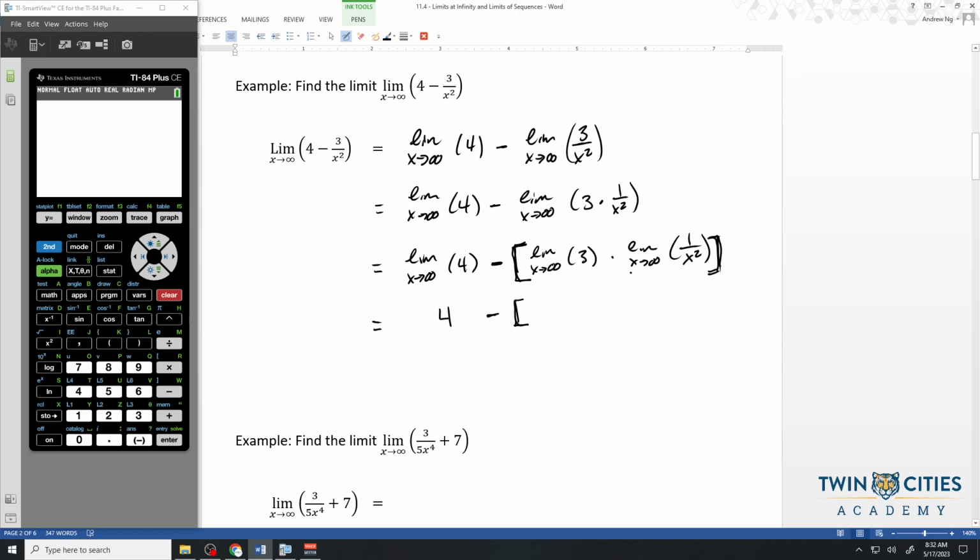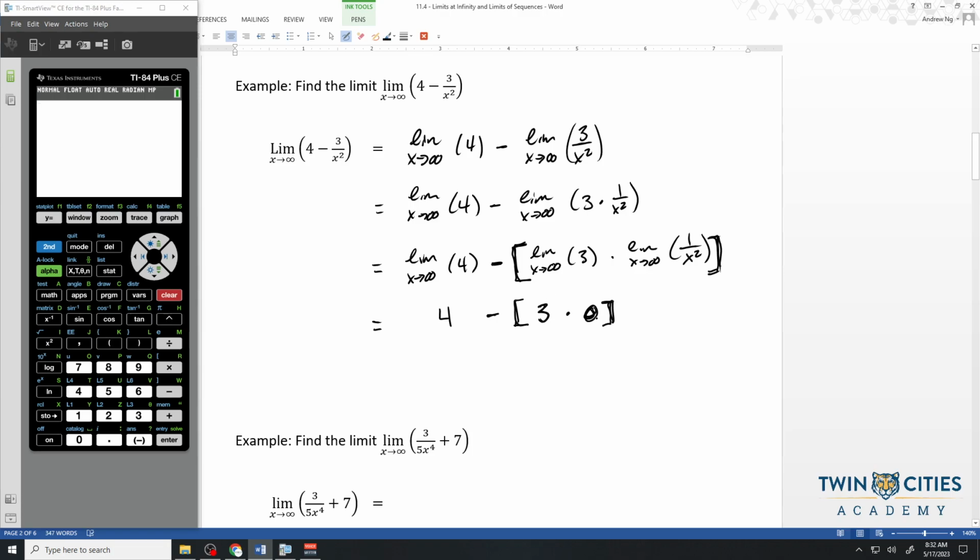There's no x's here to plug in, so I've just got 3 times, and then my rule said if I've got 1 over x to the r, in this case, r is 2, that goes to 0. So this limit is 3, and this limit is 0, so 3 times 0 here.